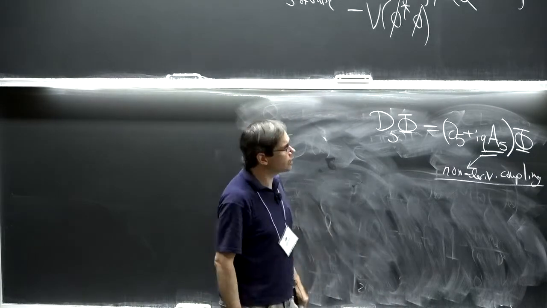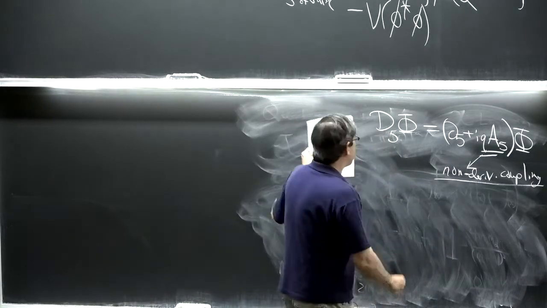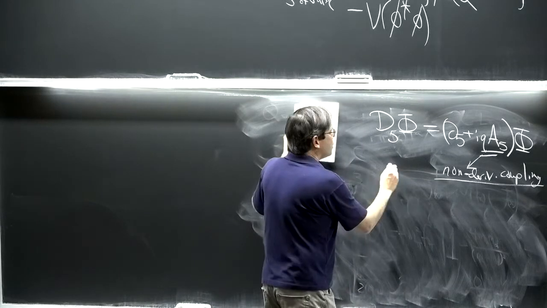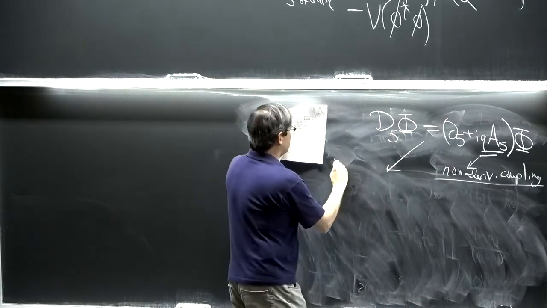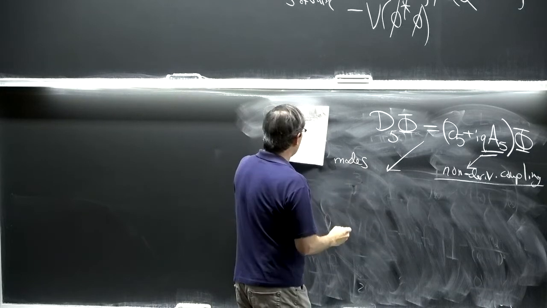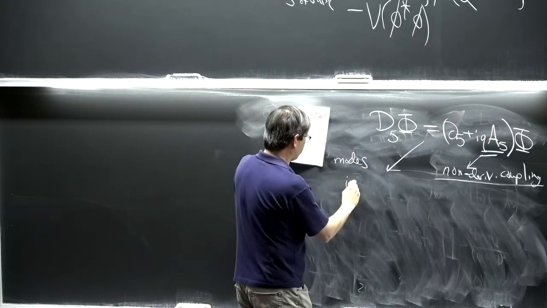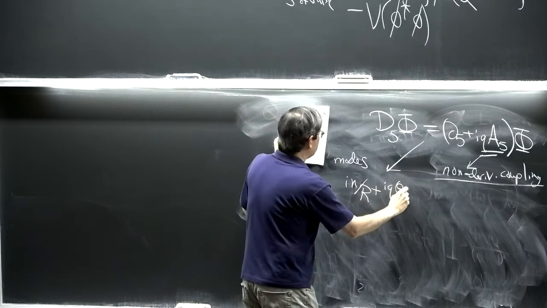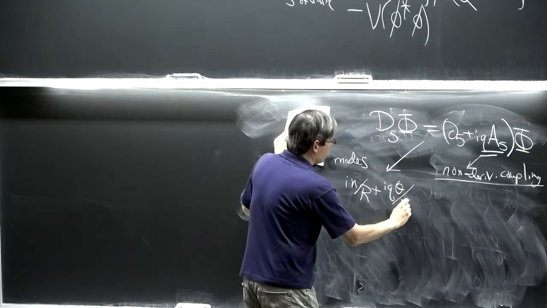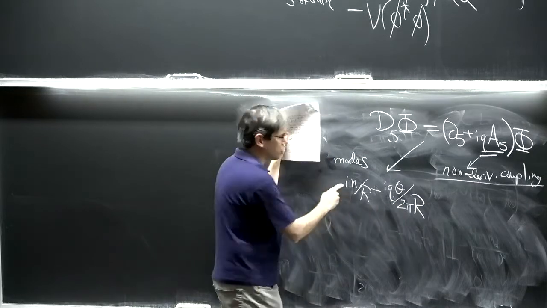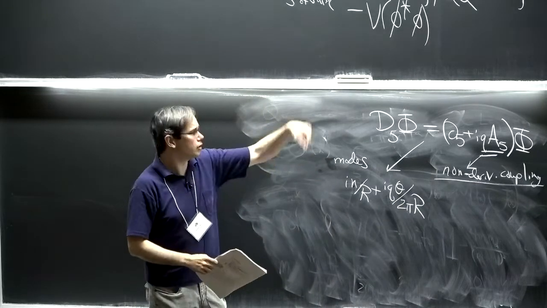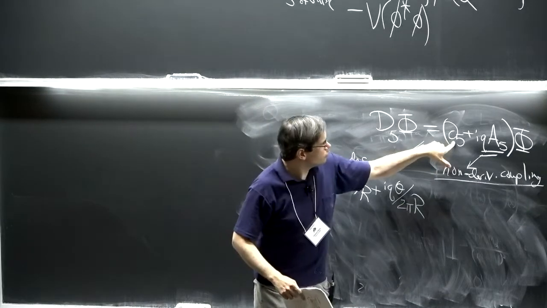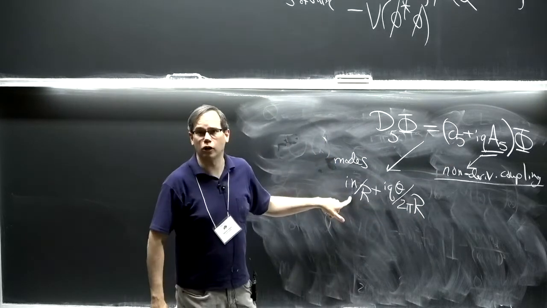What do these look like? I get some set of modes, Kaluza-Klein modes. I think Raman at least has briefly used those words. What you get is for a mode that has n units of momentum around the extra dimensional circle, you get this fifth derivative turning into n over r.